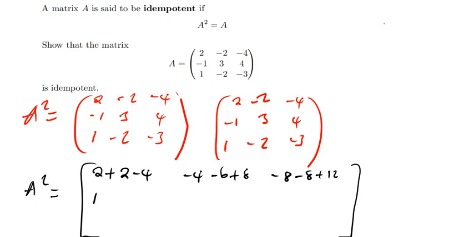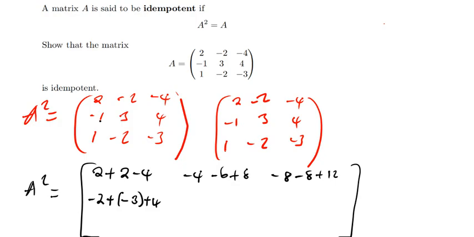This is not right. It is row by column. So negative 1 times 2, that is negative 2, plus 3 times negative 1, that is negative 3, plus 4 times 1 is 4.